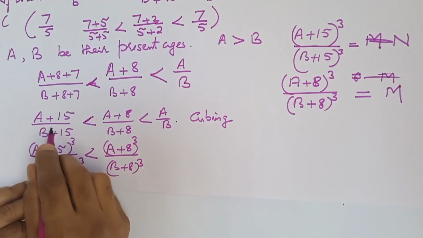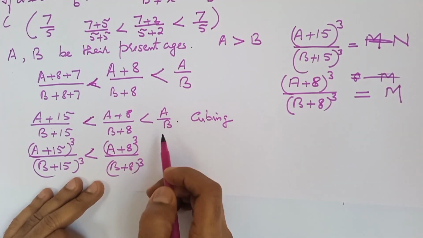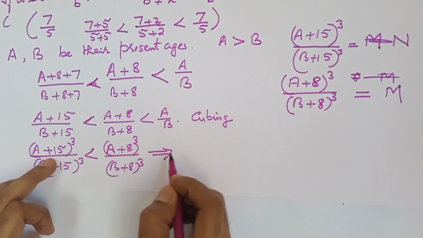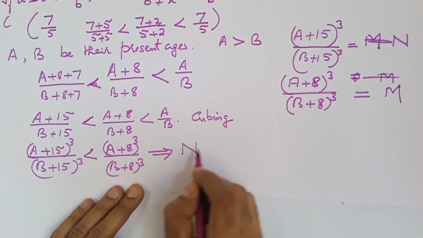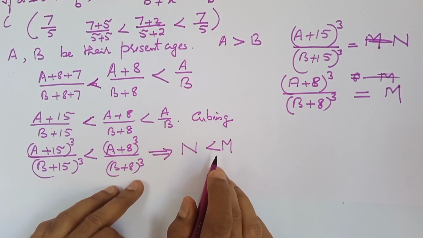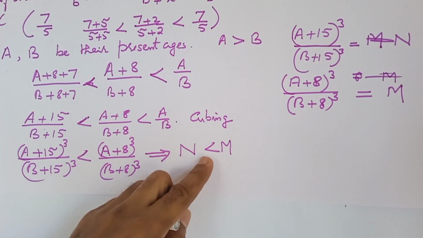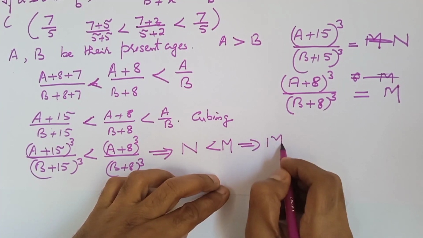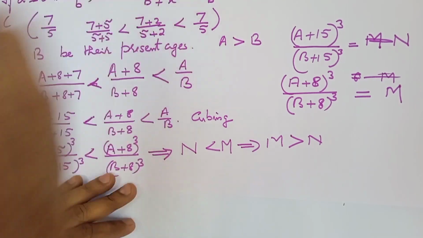No. If this is less than this, cubes also will give you the same thing. And you may just ignore this. We don't need this. And this is N, and this one is M. So look at the different options given here. N is less than M, or rather you can write this as M is greater than N. Both are the same. So this is the correct option.